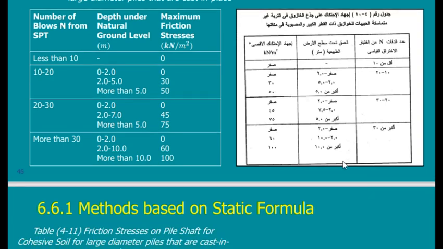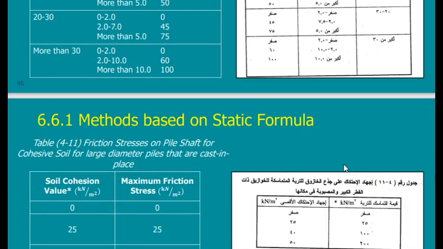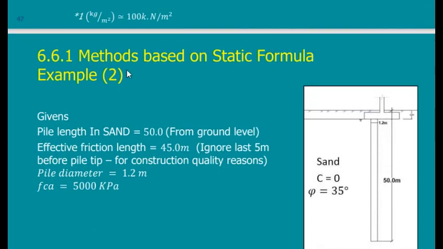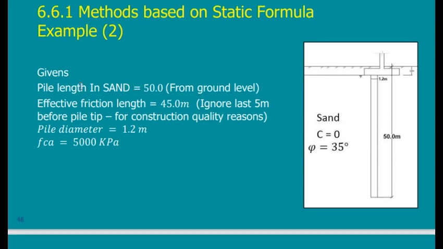You will see this in an example with numbers so that you know everything. We'll take the example. I have a pile, 50 meters from ground level. This is very important. When I say a pile 50 meters from ground level, this is not the pile length, because the pile length starts from the bottom of the pile cap. So the pile cap is at a depth of maybe 2 meters or 1.